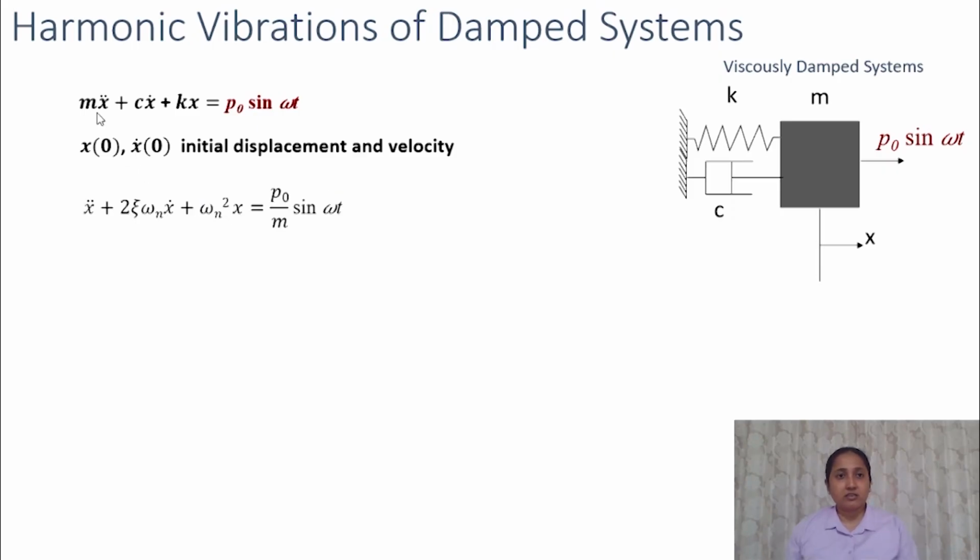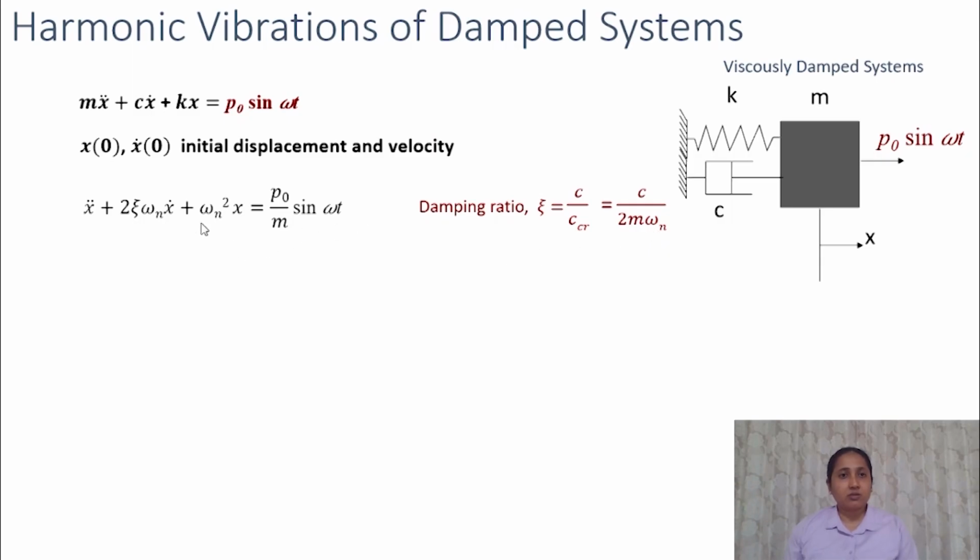We can rewrite this equation of motion like this, and we can define zeta as the damping ratio, which is the damping coefficient divided by the critical damping coefficient. We have also seen in free vibrations that the critical damping coefficient is equal to 2m omega n or 2 root km.